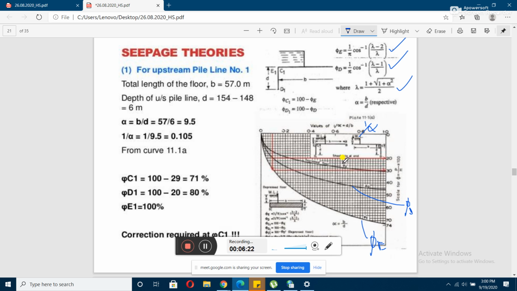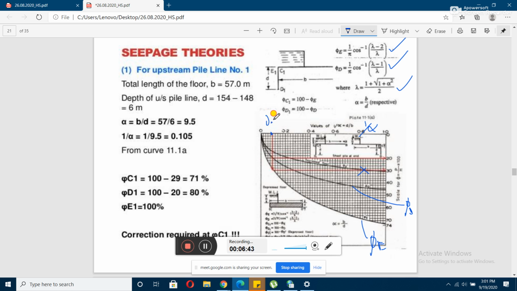You need not concentrate on this, just leave this one out. So what is being done, this axis represents 1 by alpha, so 1 by alpha turns out to be 0.105. Okay, so you have to pick that point from this. So this is the point, suppose this is 0.105.